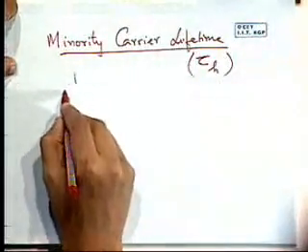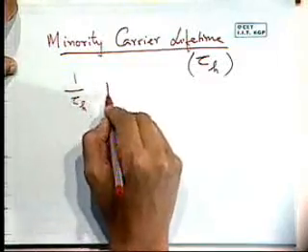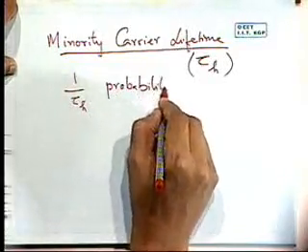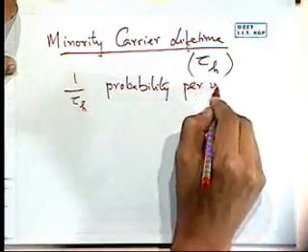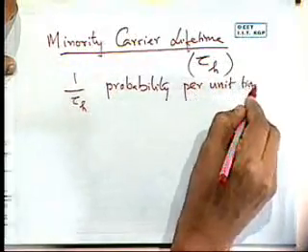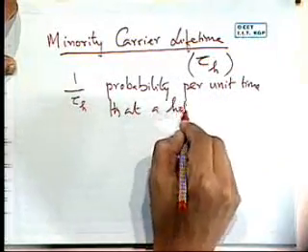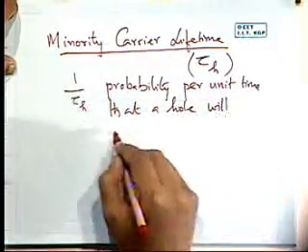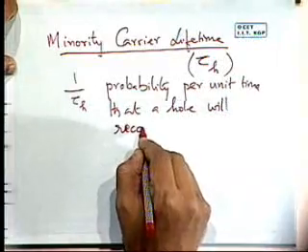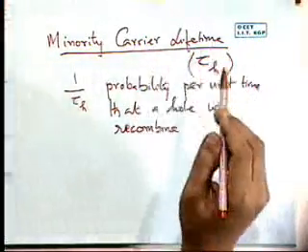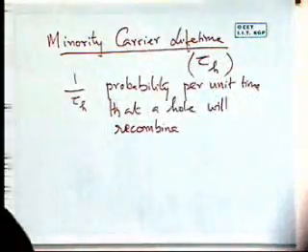And then we said that 1 by tau h is correspondingly the average probability per unit time that a hole will recombine, the inverse of the lifetime. And I'd kind of left us with that idea there.